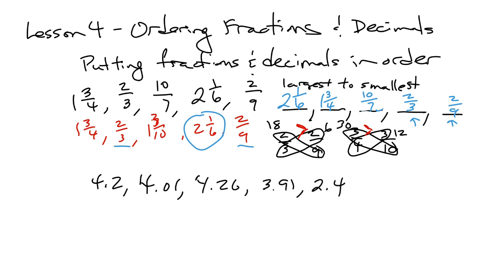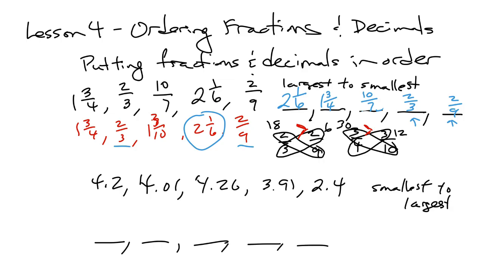Then again, we're going to need to put these in order. This time we're going to go smallest to largest. So you have to make sure you're looking to see what order they want them in.